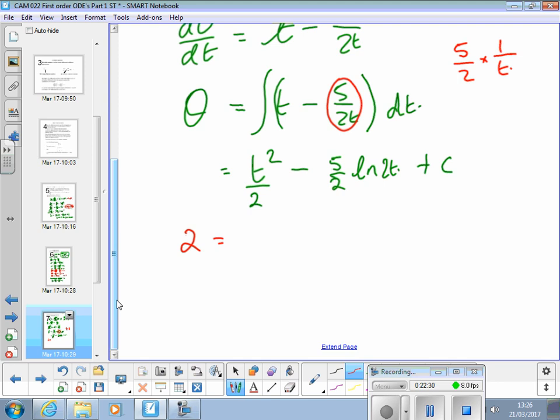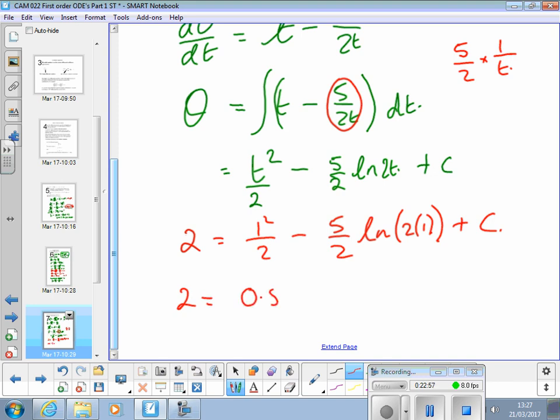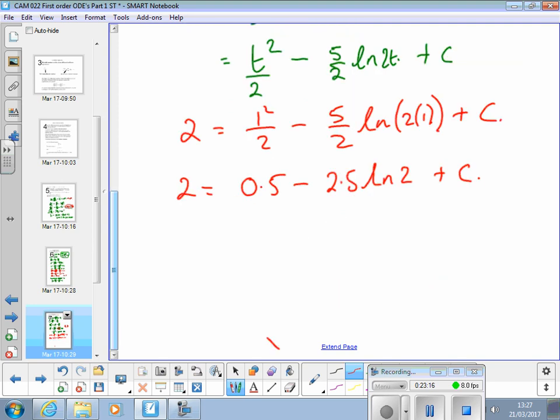So 2 is equal to 1 squared over 2 minus 5 over 2 ln 2 times 1 plus c. 2 equals 0.5 minus 2.5 ln of 2 plus c. c is equal to 2 plus 2.5 ln of 2 minus 0.5. Am I right?